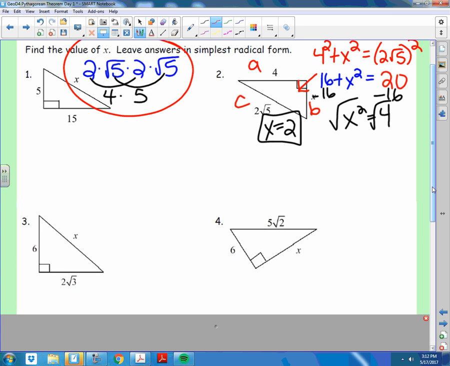Remember, follow those steps. Finding C, labeling A and B, plugging them in, isolating the variable, and the square root at the end.